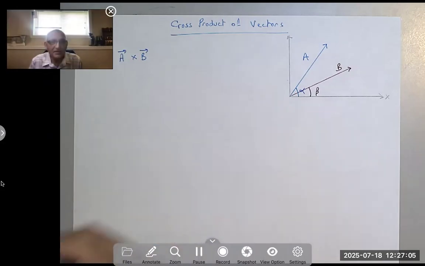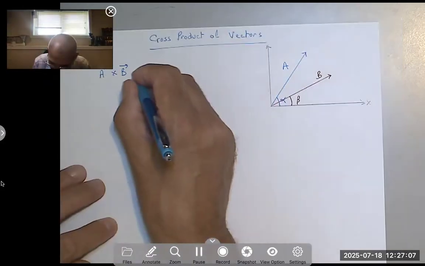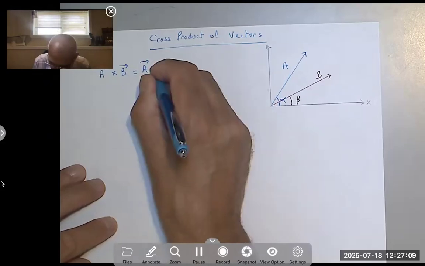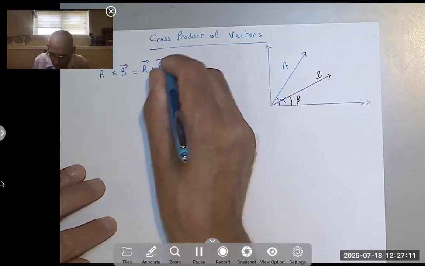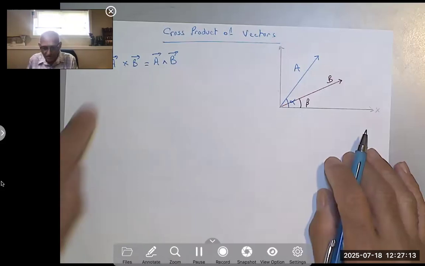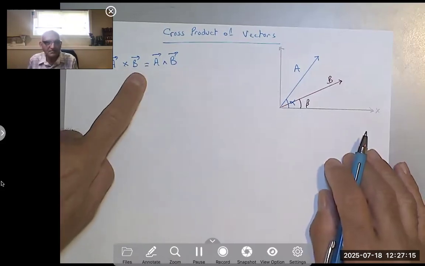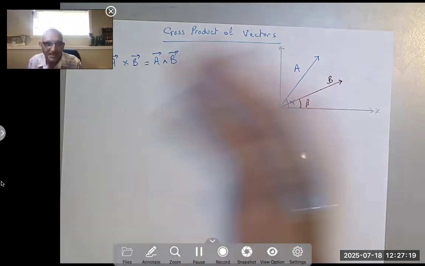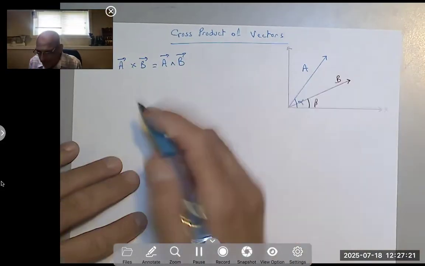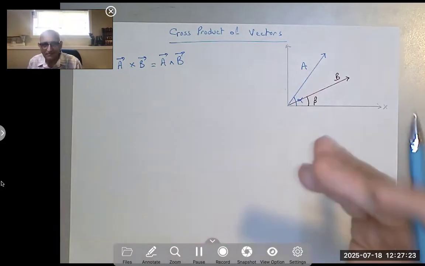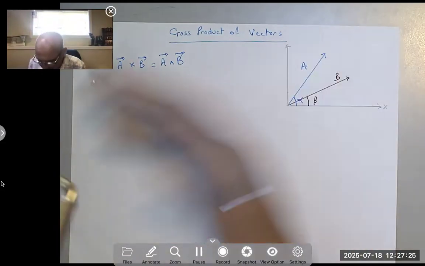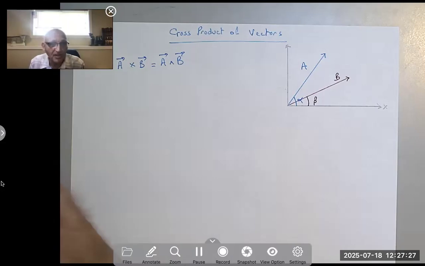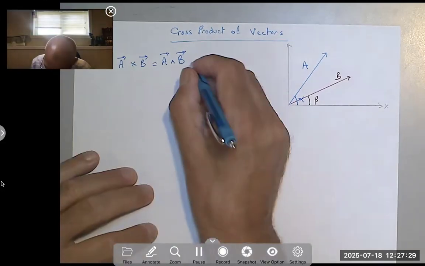That's why people used a caret. So they would say A caret B, so we know it's a cross product, not A times B, multiplying two numbers, so to speak. Nowadays there is no confusion. We can use boldface and different prints, so we know we are talking about cross product.